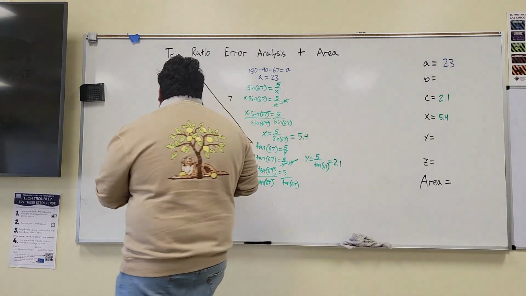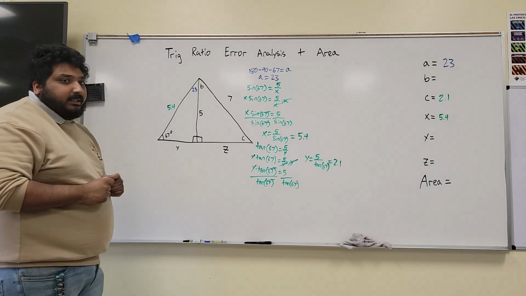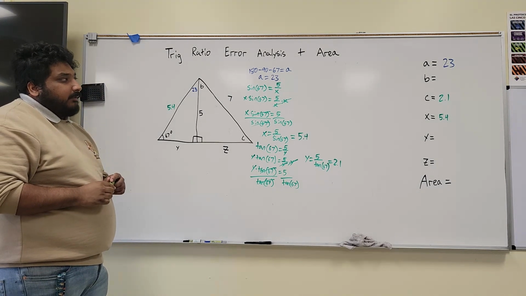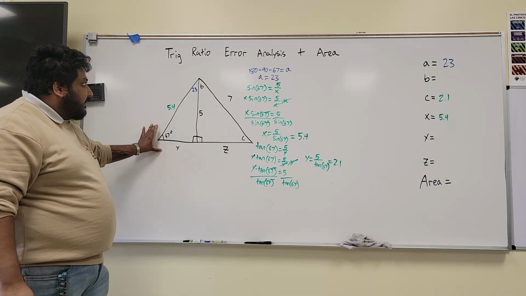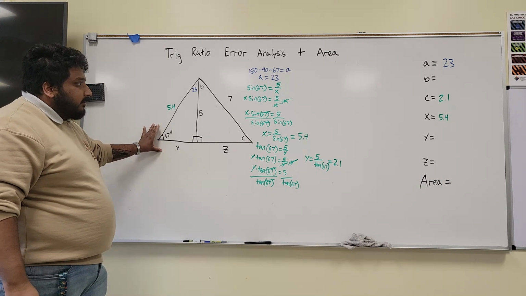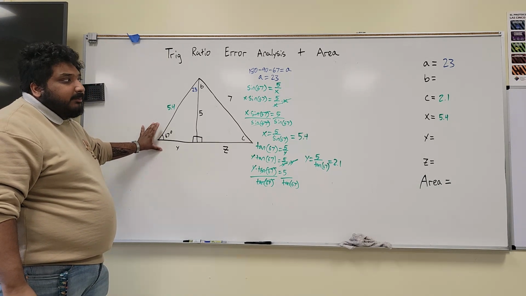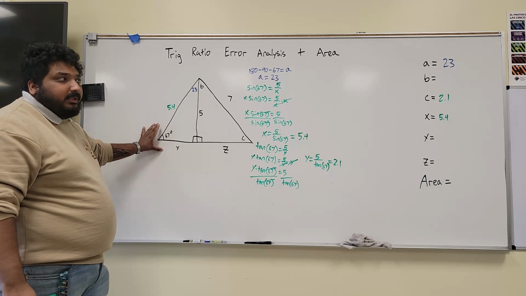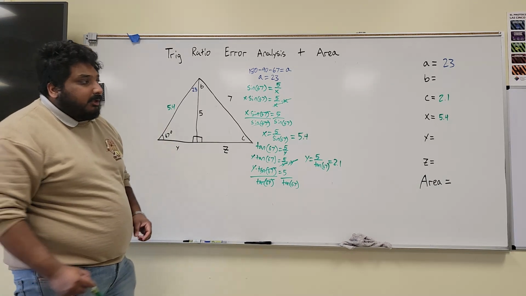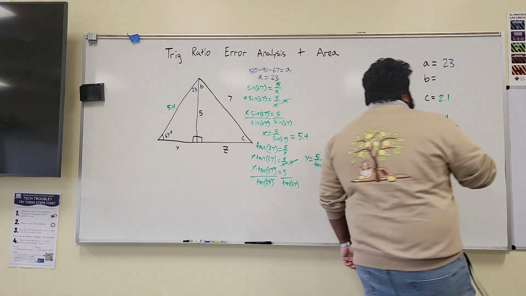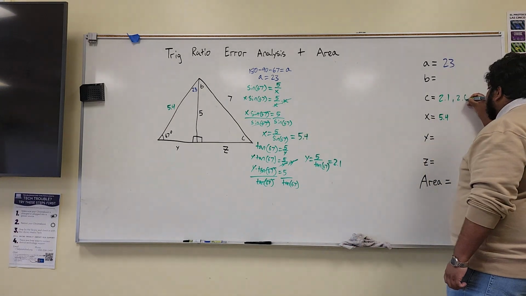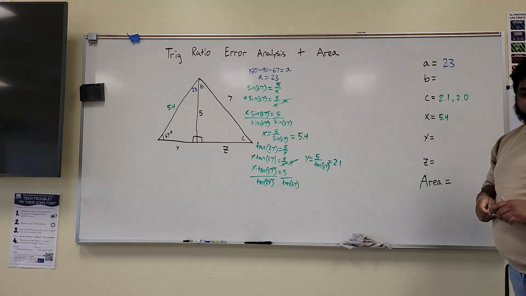Now, if you use cosine in this case, or the Pythagorean Theorem, you should also get 2.1, but one of them is going to get you just 2.0. That's close enough where it will work, so I'll put that over here, because we can utilize that later.